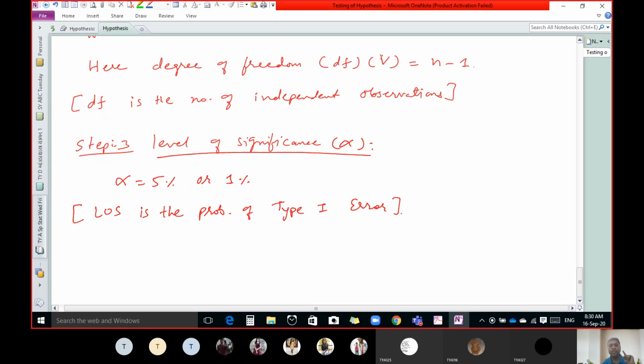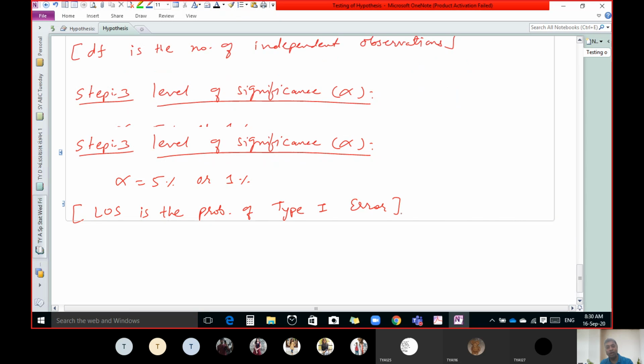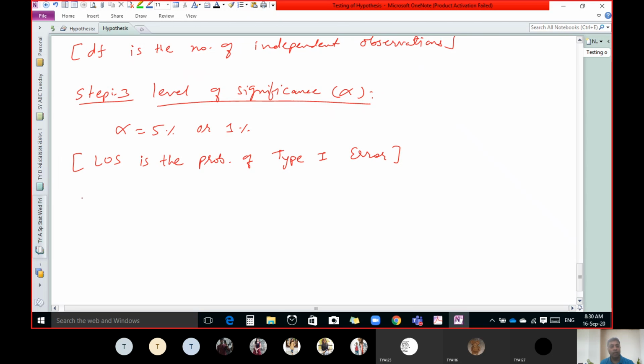Once again, level of significance is the probability of type 1 error. Now the question is, what is type 1 error and what is type 2 error? There are two types of error, type 1 error and type 2 error. So alpha equals the probability of type 1 error.